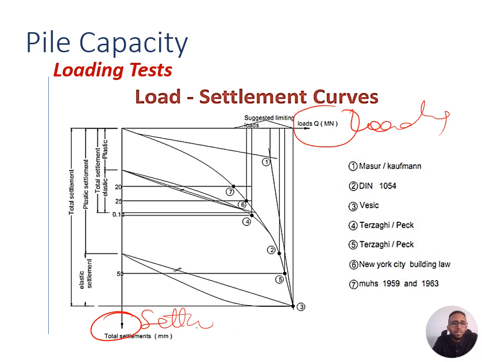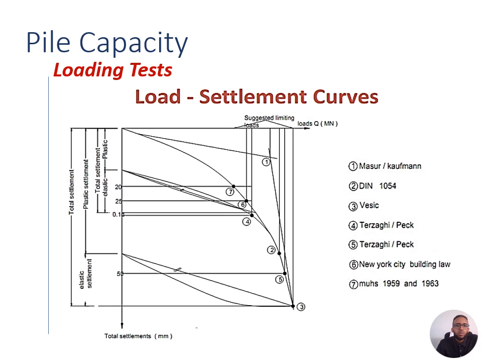Analyzing this load settlement curve helps engineers determine the optimal pile design and ensures the long-term performance and safety of the foundation system. Understanding and applying this industry-recognized load settlement criteria is essential for reliable capacity assessment and foundation design. So this is more or less the same.